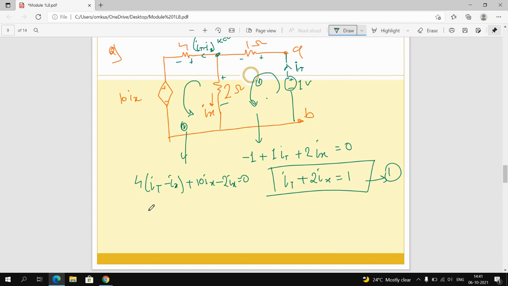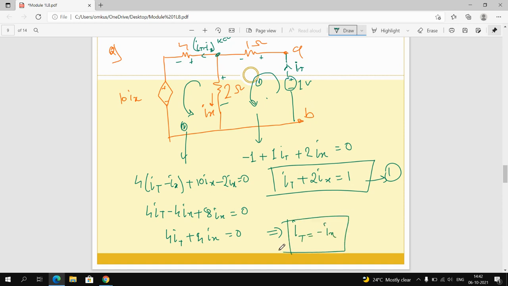Solve this, you will get 4 IT minus 4 IX plus 10 IX minus 2 IX, that is 8 IX, equal to 0. When you solve this, you will get 4 IT plus 4 IX equal to 0. You will get IT is equal to minus IX, right? IT is equal to minus IX.